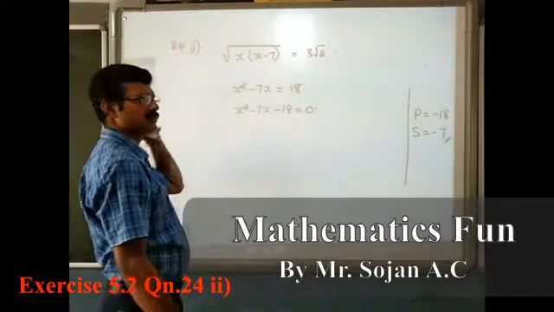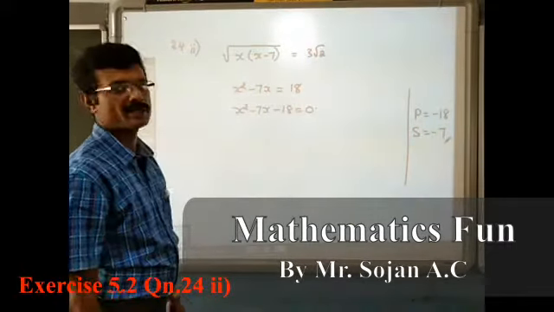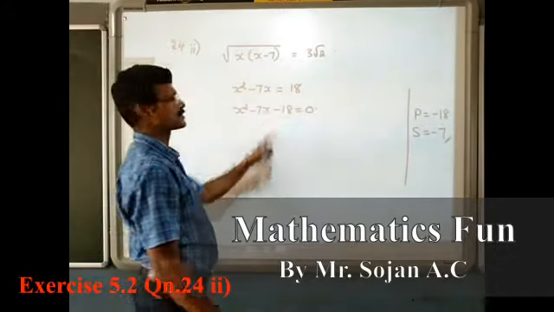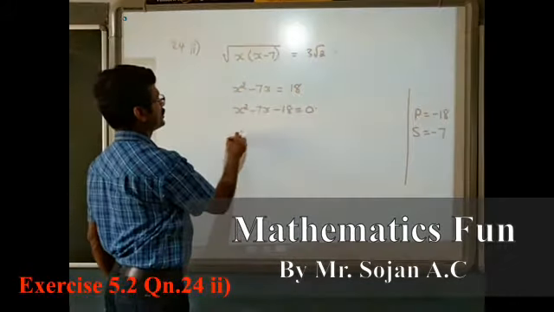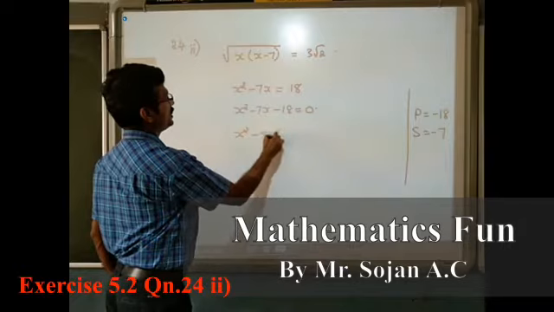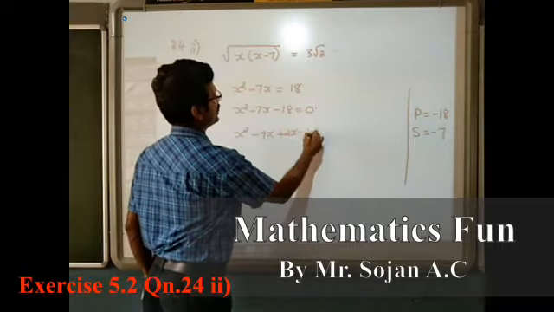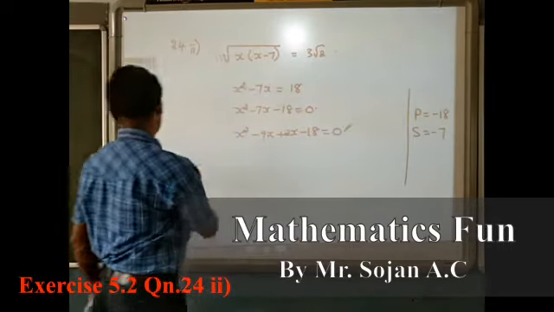The numbers are minus 9 and plus 2. So I can break based on that. x square minus 9x plus 2x minus 18 is equal to 0.